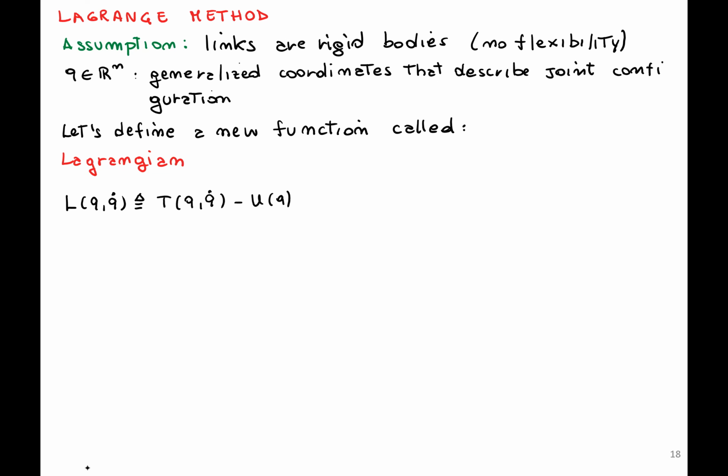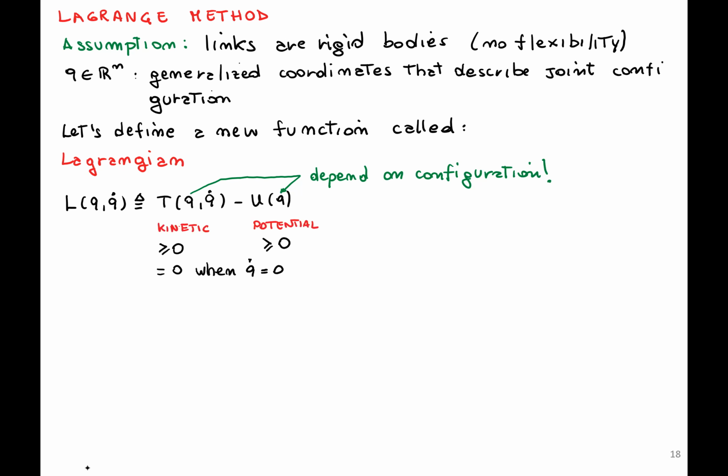This is called the principle of least action. We see that both the kinetic energy and the potential energy depend on the configuration. We know the kinetic energy is always non-negative, and it is zero when the velocity is zero, otherwise it is always positive.